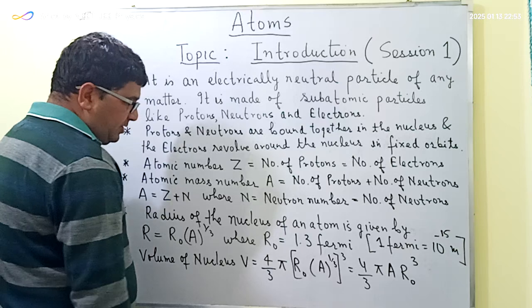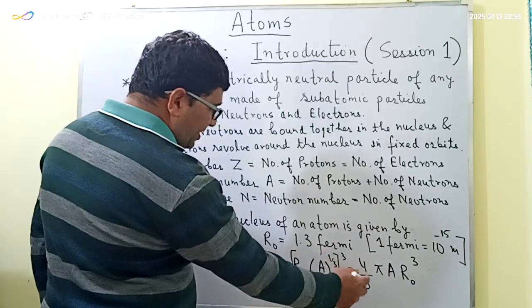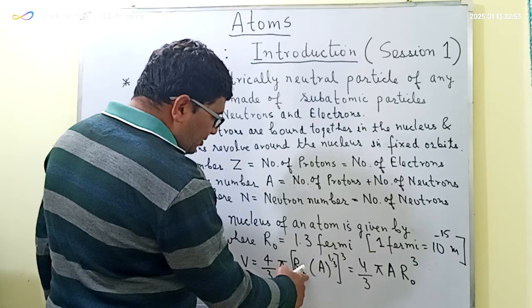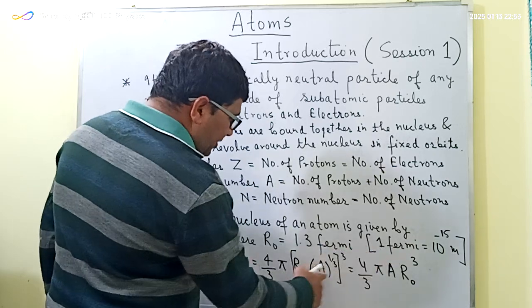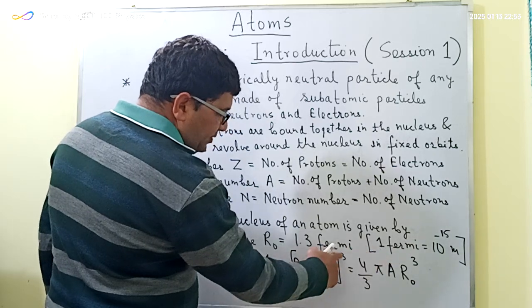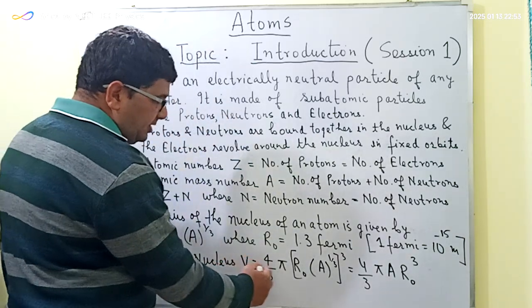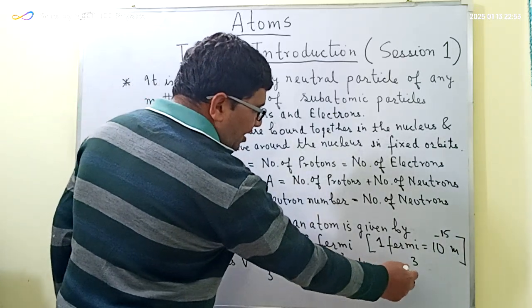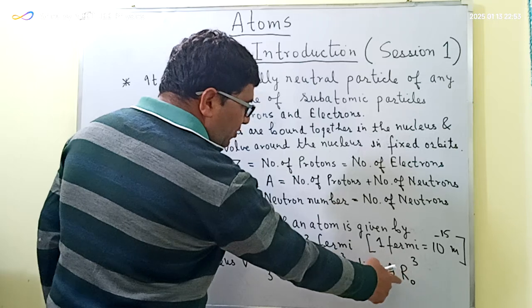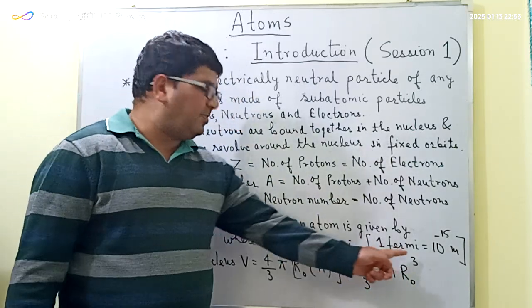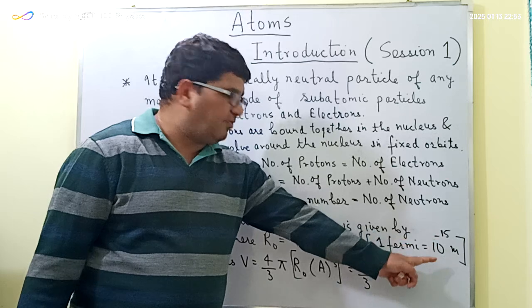So this equation will be now equal to 4 by 3 pi R naught cube into A to the power 1 by 3 into 3. So this will be equal to A. So the volume of the nucleus is equal to 4 by 3 pi A R naught cube, where R naught is approximately equal to 1.3 Fermi and 1 Fermi is equal to 10 to the power minus 15 meter.